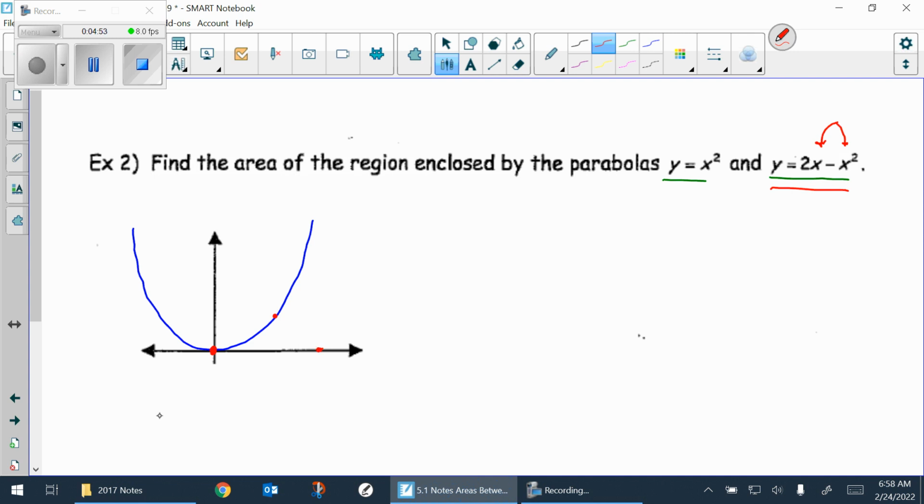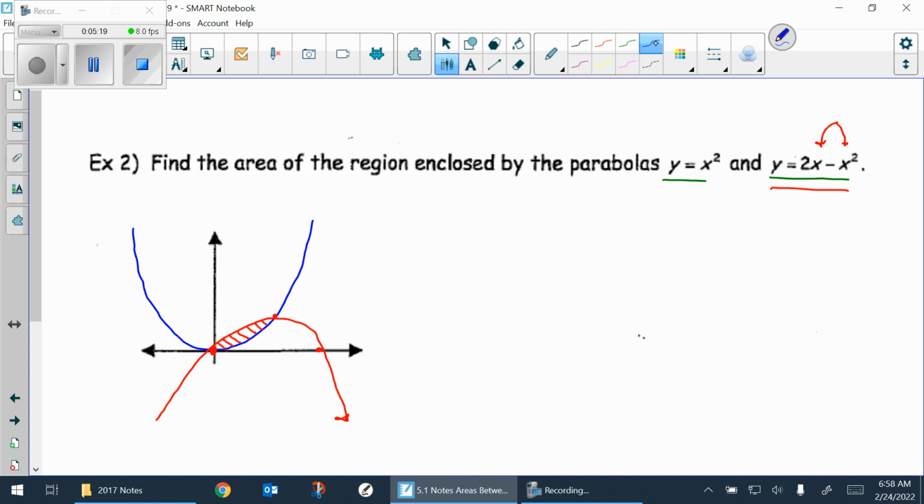So I think what I've got here is a down opening parabola for sure, because it's minus x squared. It's going to go something like that. But we can see that region that is enclosed. So they don't always have to give us where the region starts or where the region ends. Sometimes it's up to us to figure it out.